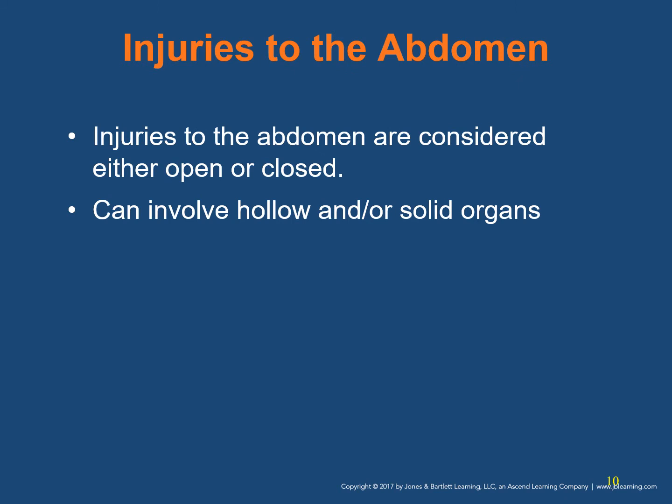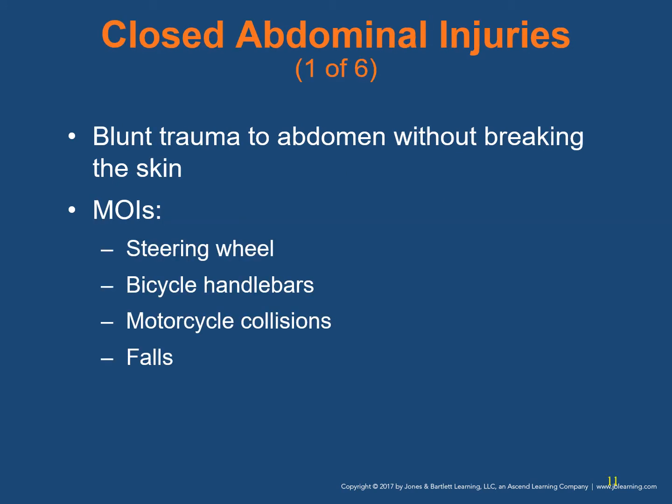Injuries to the abdomen. Abdominal injuries are considered either open or closed and can involve hollow and/or solid organs. Closed abdominal injuries: blunt trauma to the abdomen without breaking the skin. Some MOI examples: steering wheel, bicycle handlebars, motorcycle collisions, falls, blast injuries, pedestrian injuries.